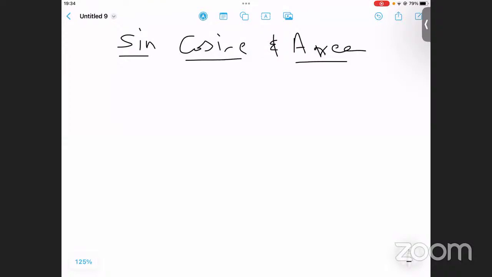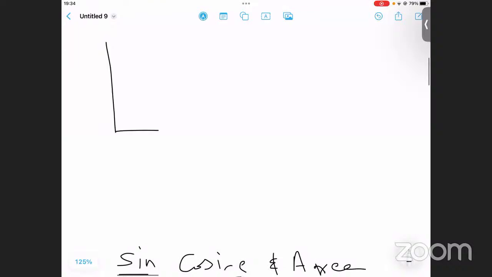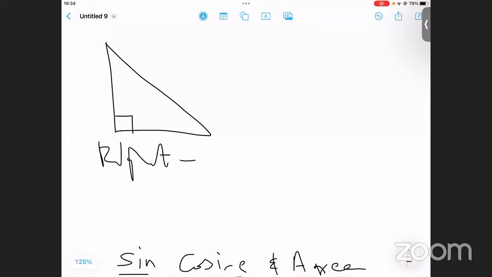In simple terms, remember that we've got two main types of triangles. Maybe let's start with this type. We call this one a right angled triangle.